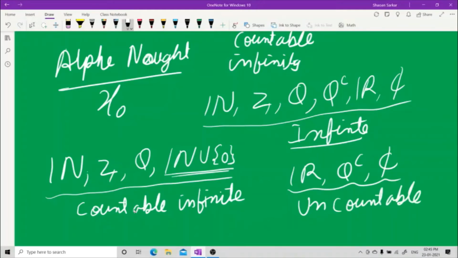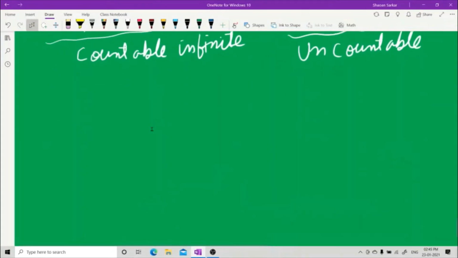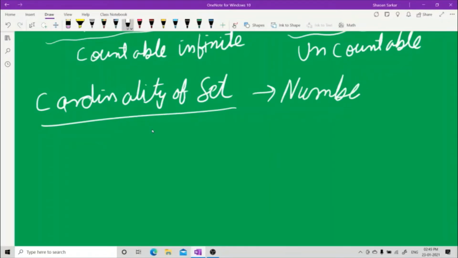Now let us understand what is known as the cardinality of a set. It is the number of elements in a set.